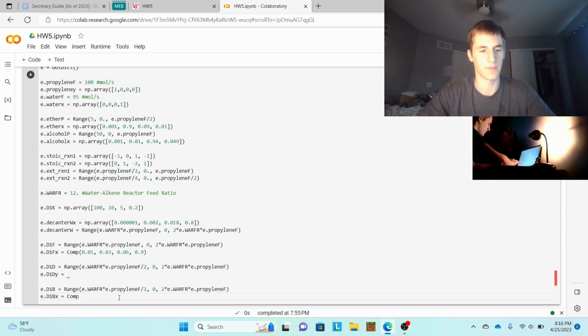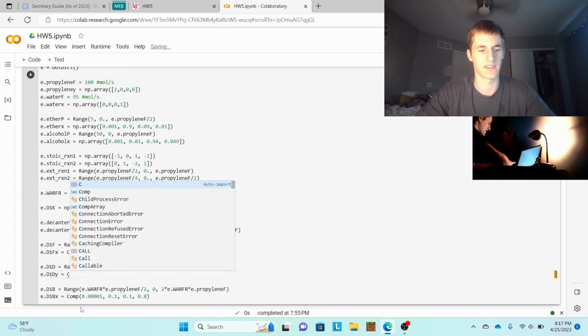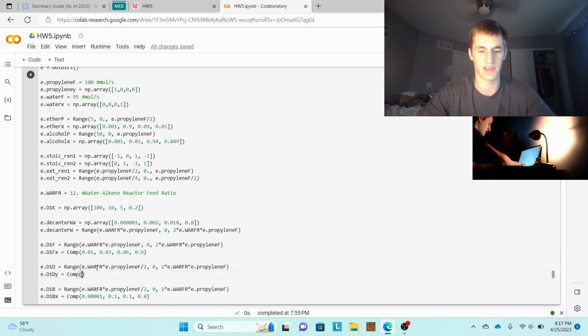And then through the bottom, going to have a very small amount of our alkene, some ether, some alcohol, mostly water. And this doesn't add up to 1, but it won't affect it that much. It doesn't really matter.